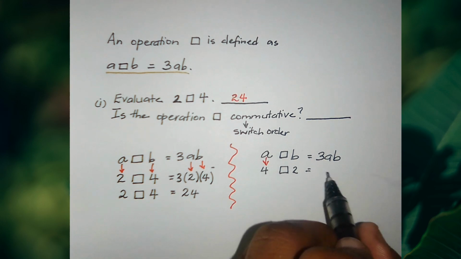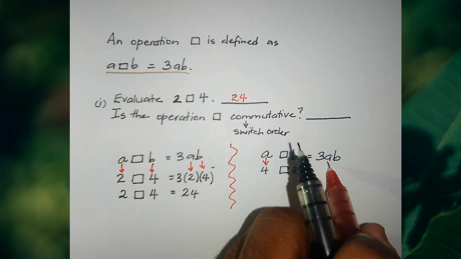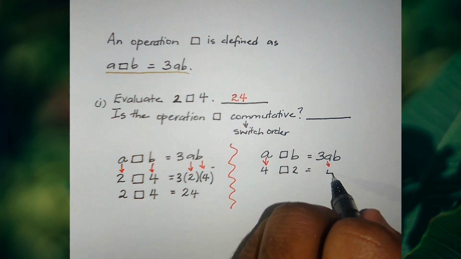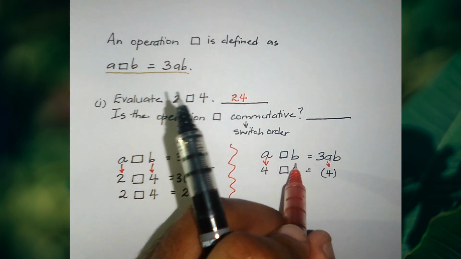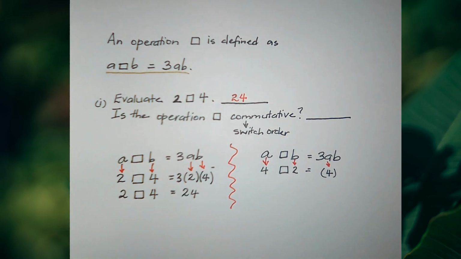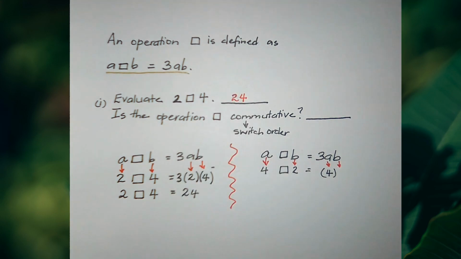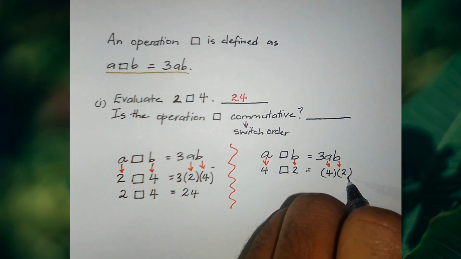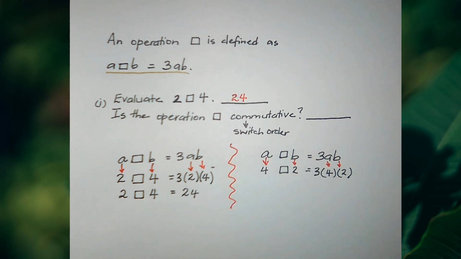A is 4, so I'm going to substitute A with 4. And when we substitute, we use brackets. What is the value of B now? It's 2. So if I see B, I'm going to put 2 and put it in brackets. And remember, the 3 was in front, so I'm going to keep that.